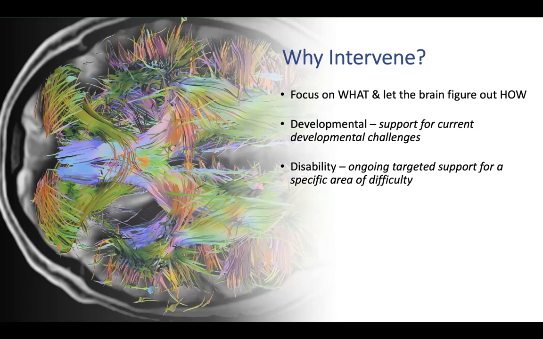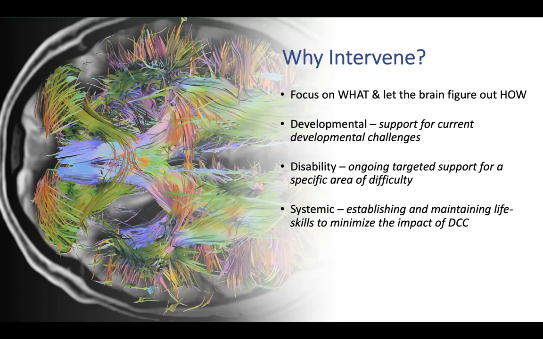It may be helping them crawl, it may be helping them walk. It's not just meeting the typical developmental milestone, but really supporting them in that challenge. Some people with DCC have speech difficulties. That may be an ongoing disability or difficulty that they have throughout their life, or at least for many years. And so there's targeted work on that particular challenge.